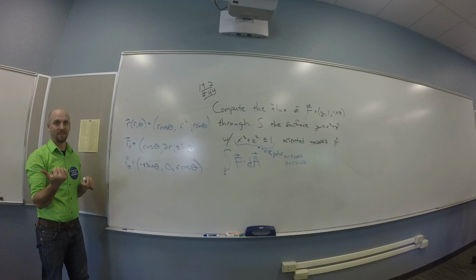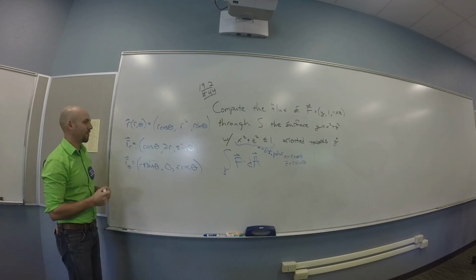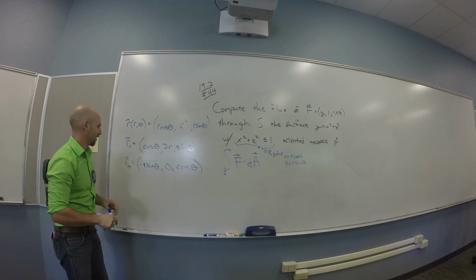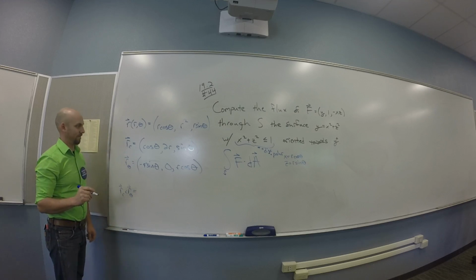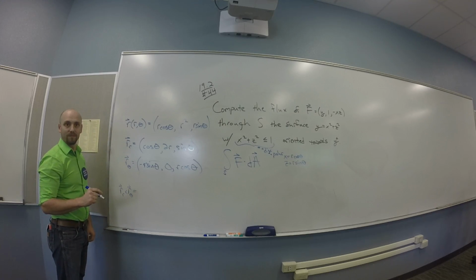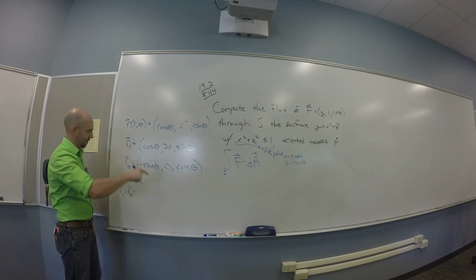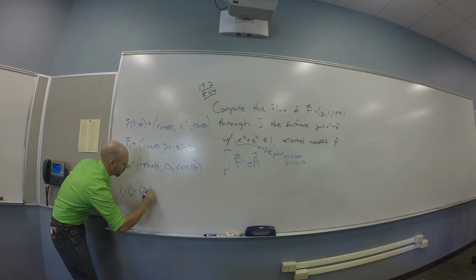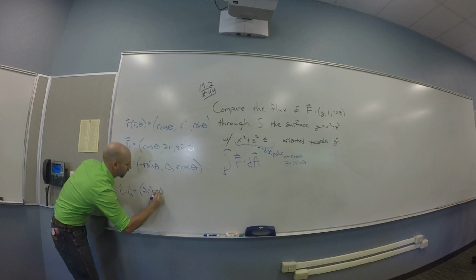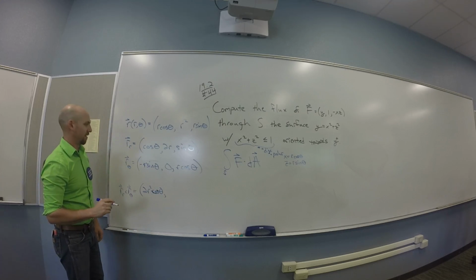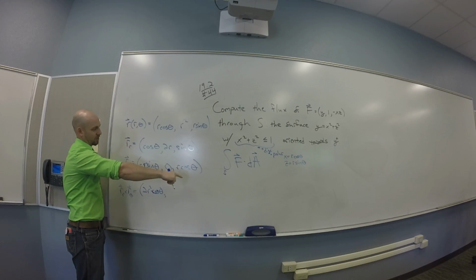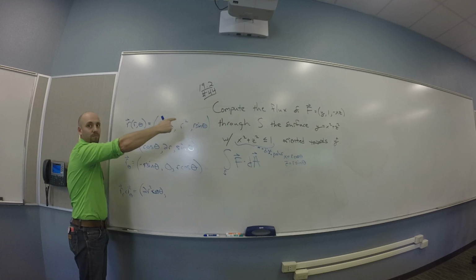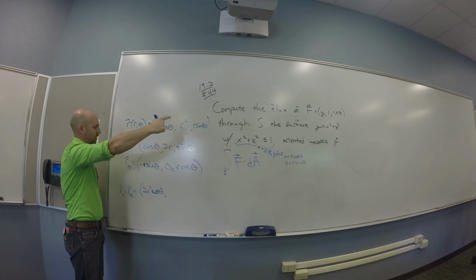You guys see that? Okay, so if you cross these, r_r crossed with r_theta, what do you get? 2r² cosine theta, and then r cosine² theta plus r sine² theta.